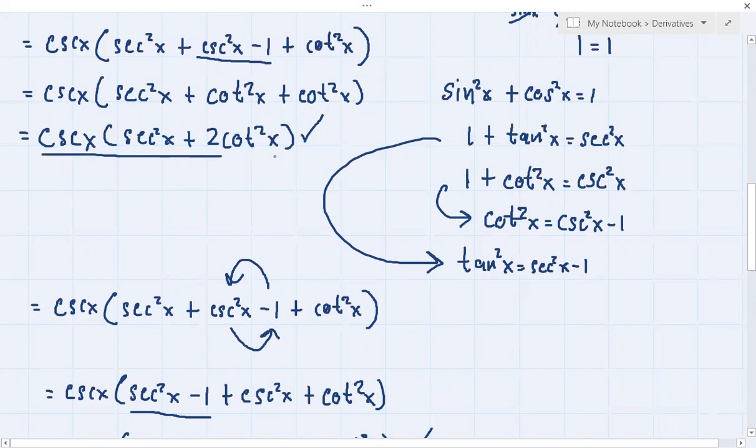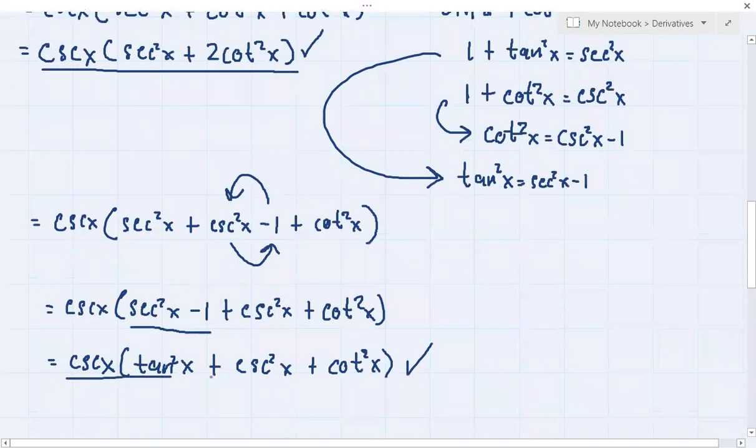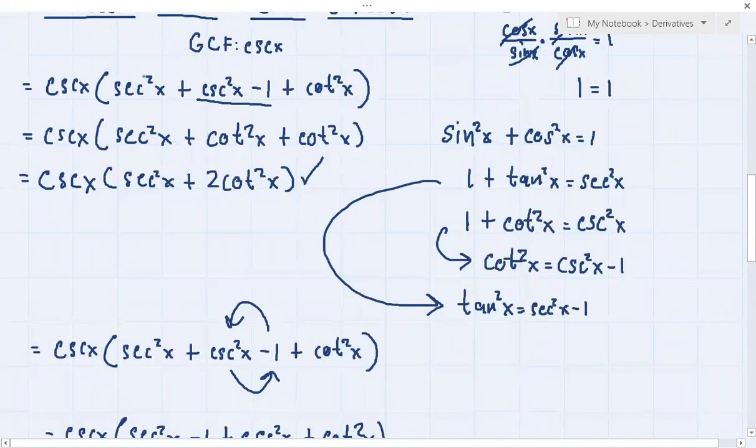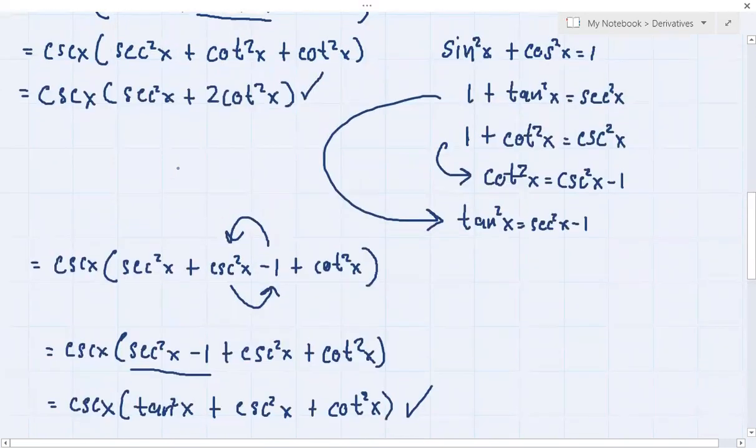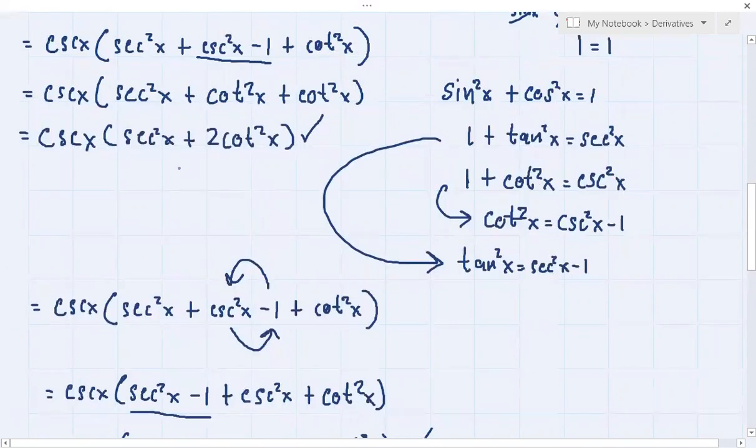We can actually simplify these two answers into sine or cosine function. Pwede naman yun. Okay? It's still valid naman to convert these functions into sine or cosine function. If you want, for the sake of viewers, I can still do it.